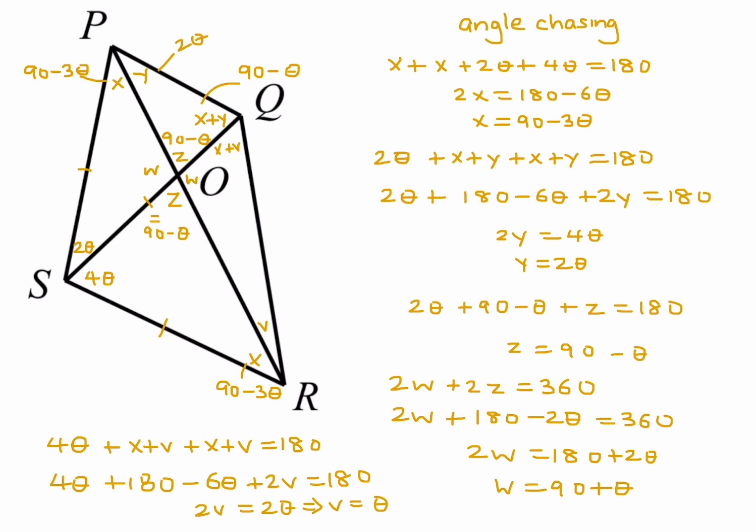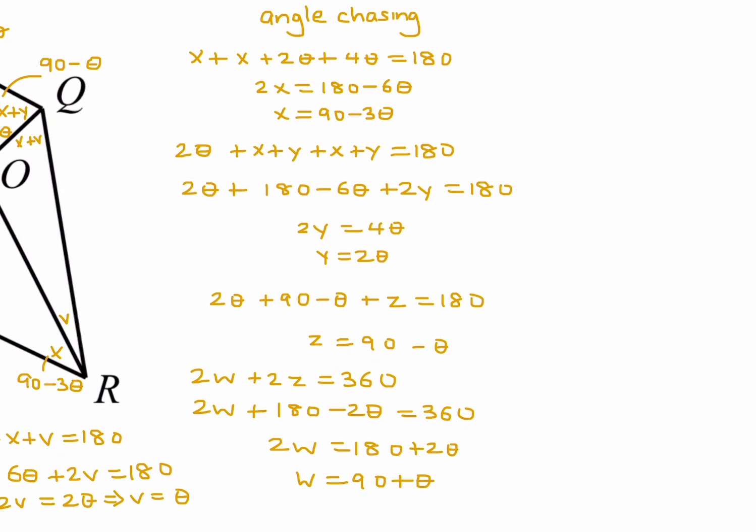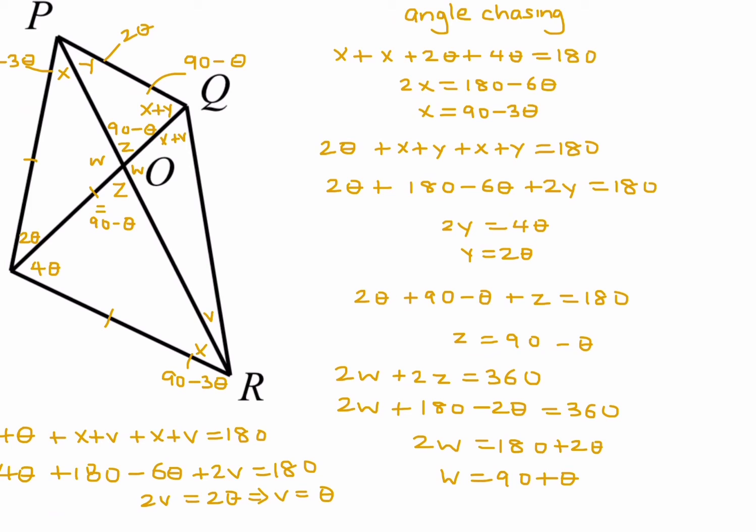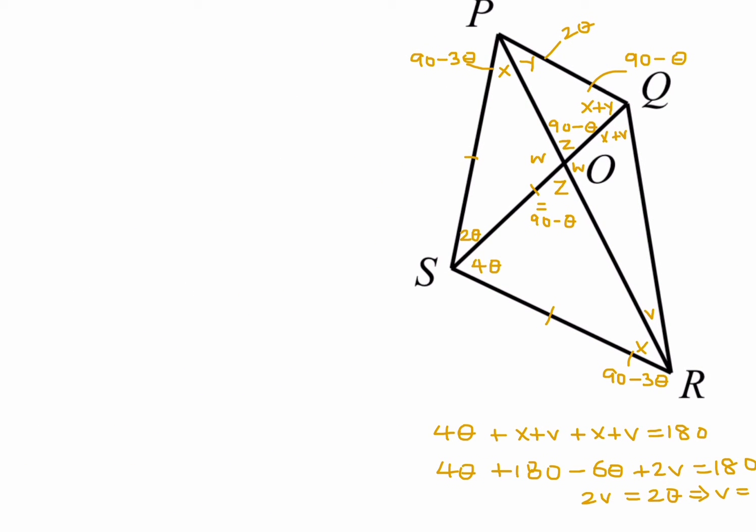So I think I have them all. I have them all, and we'll just make a list now of all my angles. Let's just keep the diagram in the picture here because I've got to use it. Let's see here. In this triangle, I've got 2 theta, 90 minus 3 theta, and w.